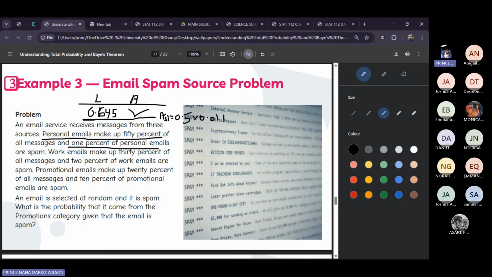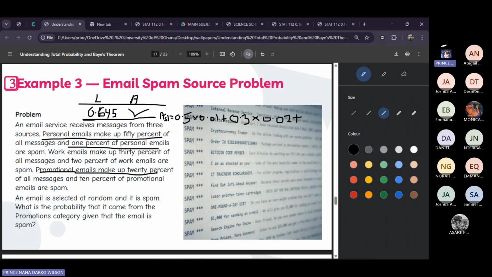And we combine that with work emails: 30% are work emails, so 0.3. The probability of picking spam from work emails is 2% of that, so 0.02.